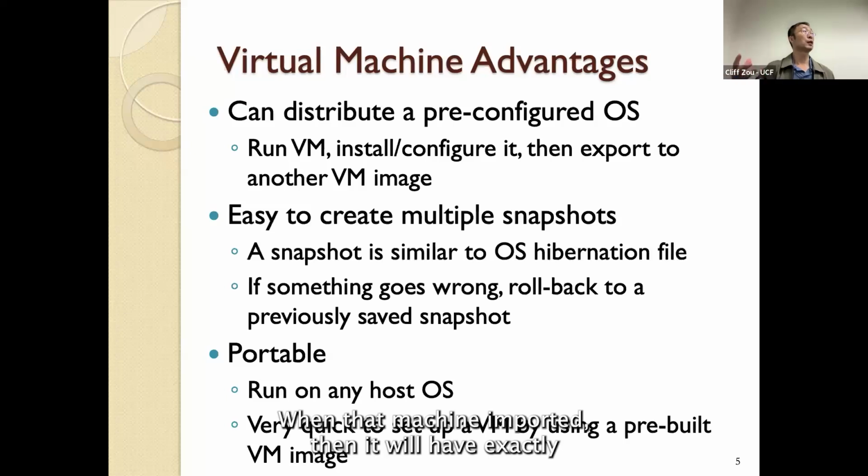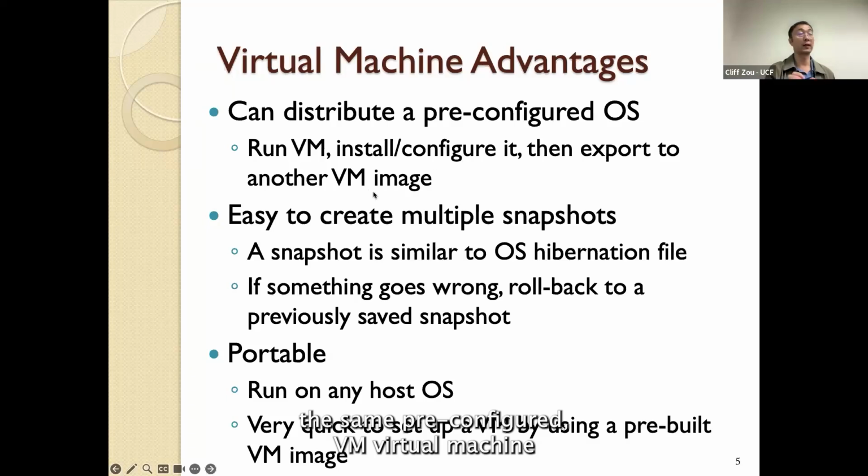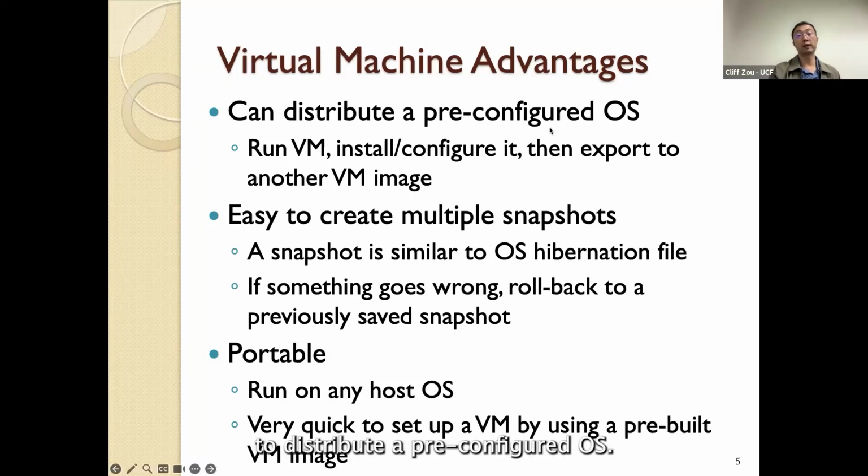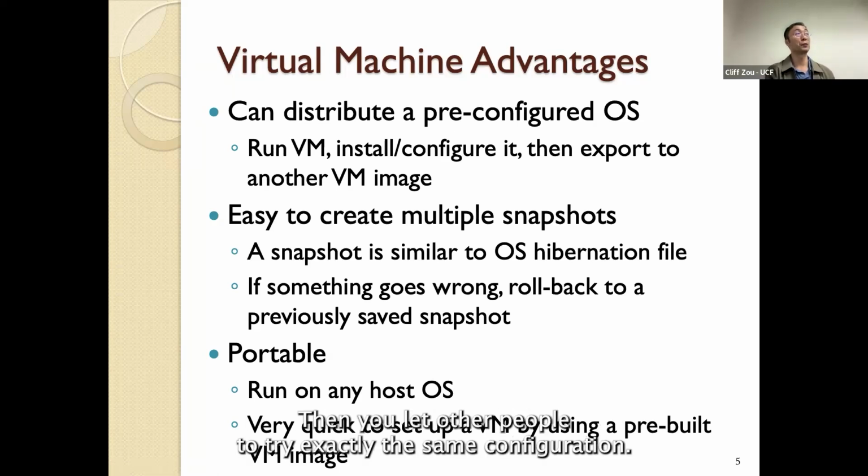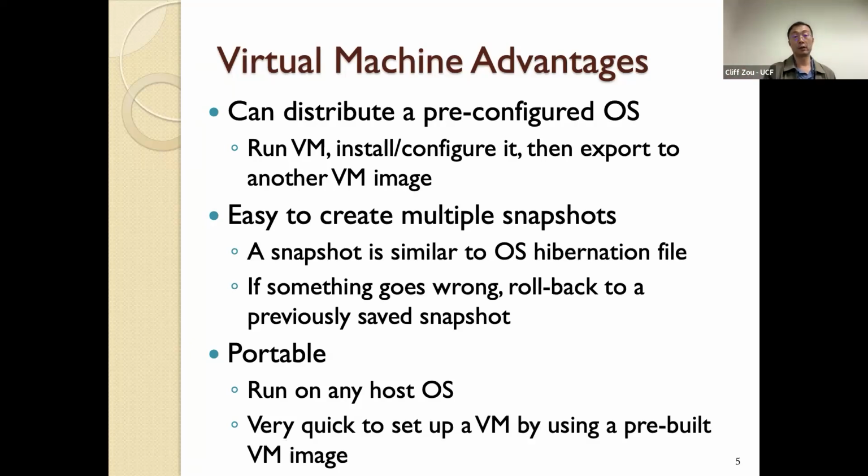When that machine imports it, it will have exactly the same pre-configured virtual machine. So this is an easy way to distribute a pre-configured OS, because you can do whatever configuration, then let other people try exactly the same configuration.